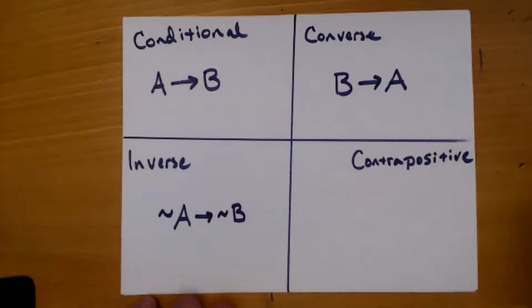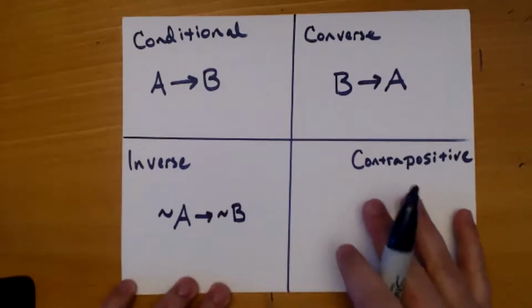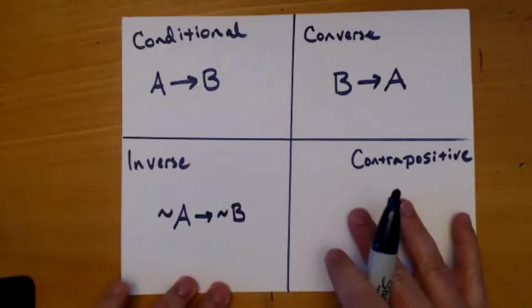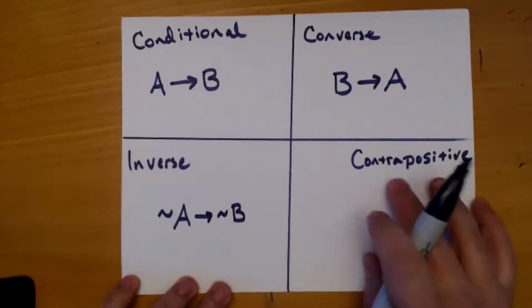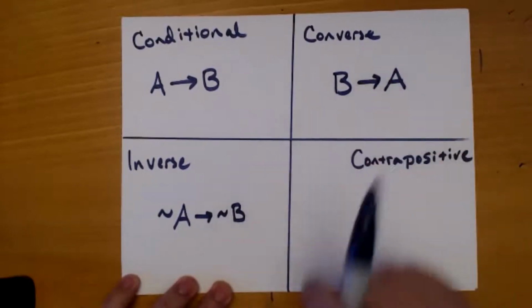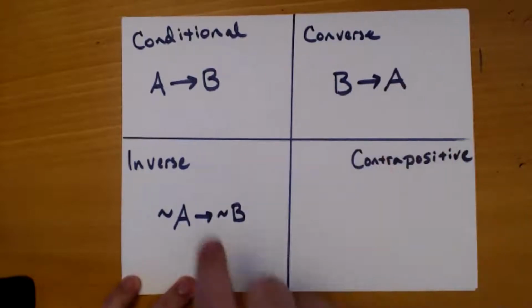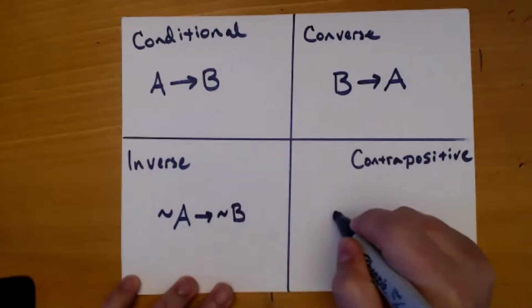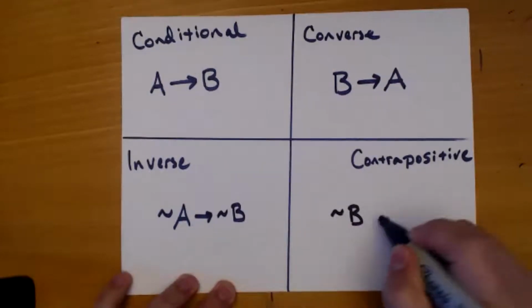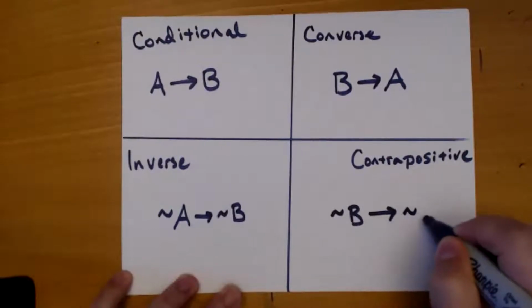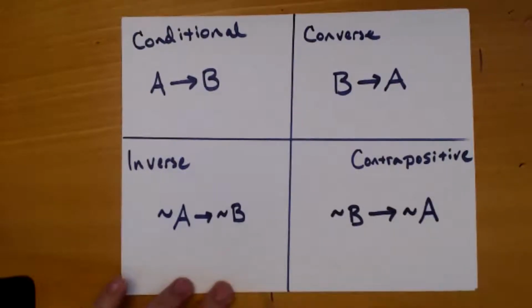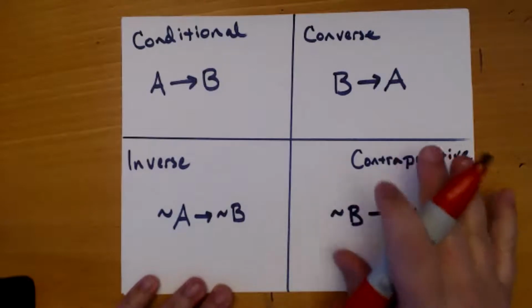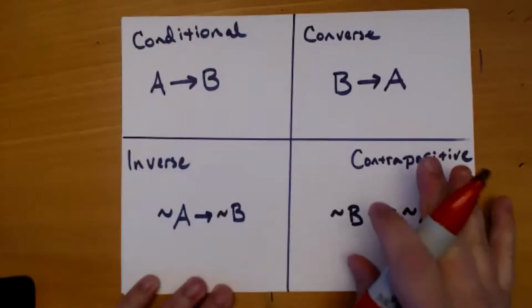Now, the next one is the contrapositive, but I'm going to write it down right now. In the contrapositive, we do both of these things. We change the order and we make them negative. We do both. And you wind up with not B implies not A. Hold off on putting your brain around this too much.